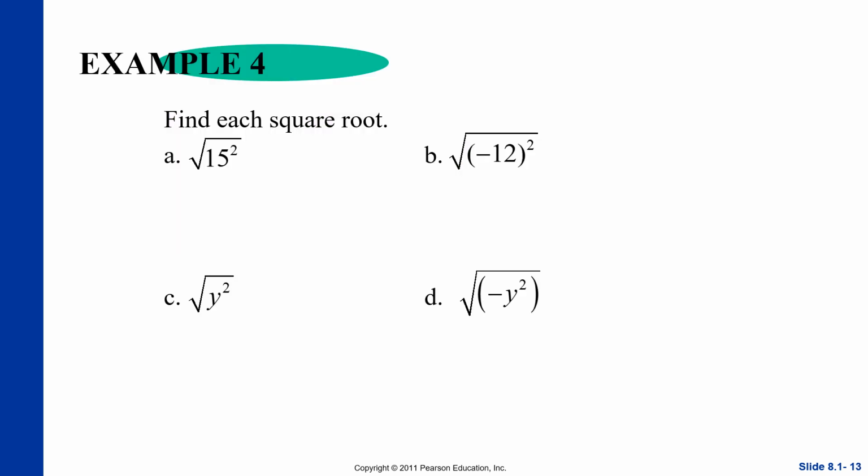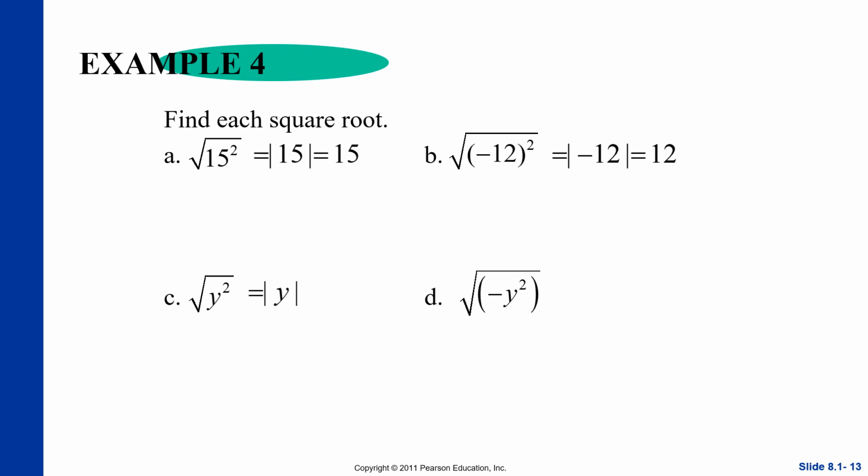So for a here, the square root of 15 squared would be the absolute value of 15, which is 15. For b, we have the absolute value of -12, and that would be 12. For c, the square root of y squared would just be the absolute value of y.